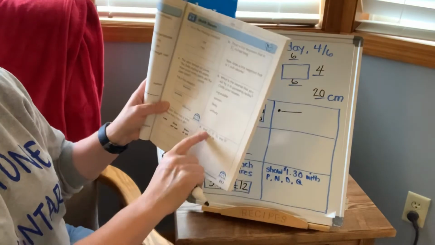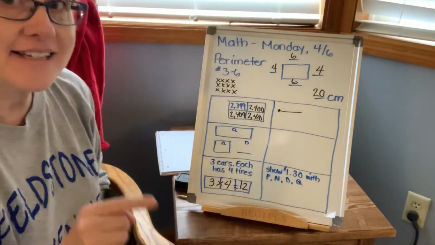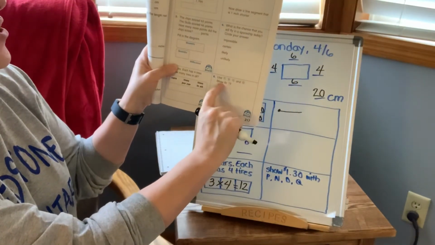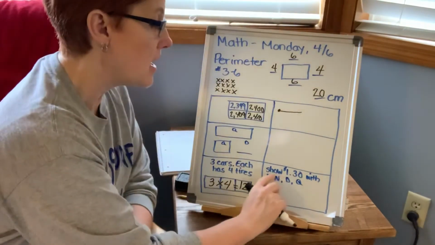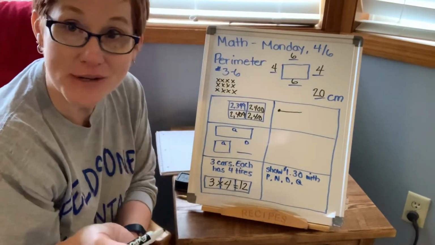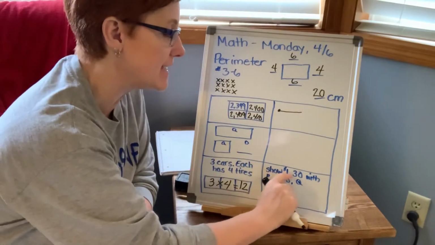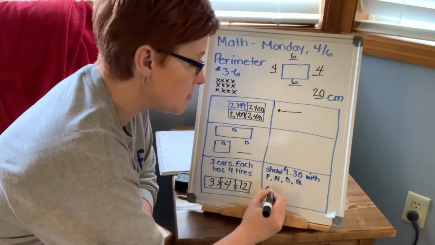Last one is use penny, nickel, dime, and quarter. You do not get to use $1 for this one, all right? So use penny, nickel, dime, and quarter and show $1.79. All right, so here we go. I don't want to do the 179 because you're going to do it in just a minute, but I'm going to give you an example one. So $1.30. So what I'm going to do is I'm going to do my 4 quarters.